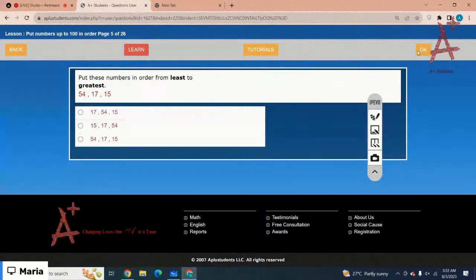You have to write the least one first. The least one is 15. Then you have 17, and then you have 54. So, option number 2 is the correct option: 15, 17, and 54, right?